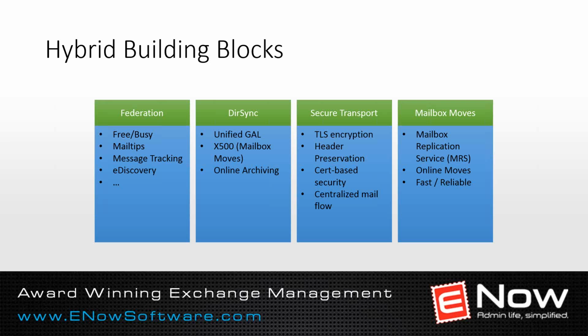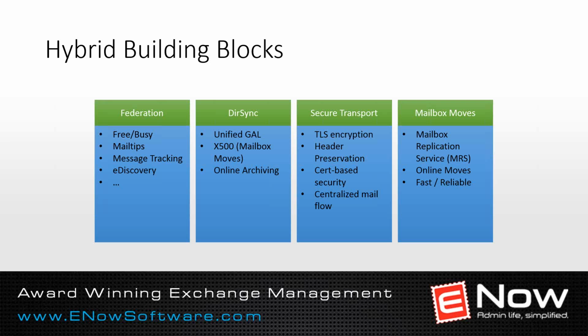Then we have DIRsync, which is a mandatory component. You cannot have a hybrid deployment without DIRsync, and that's mainly because DIRsync is used for synchronizing objects across premises to make sure that the X500 addresses, which play a great role when moving mailboxes across premises, are stamped to the objects. So that's something that you cannot live without.